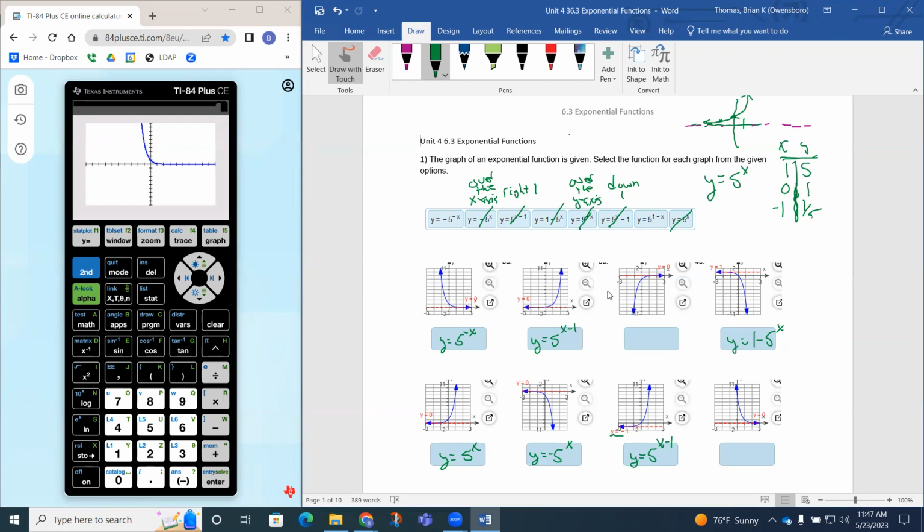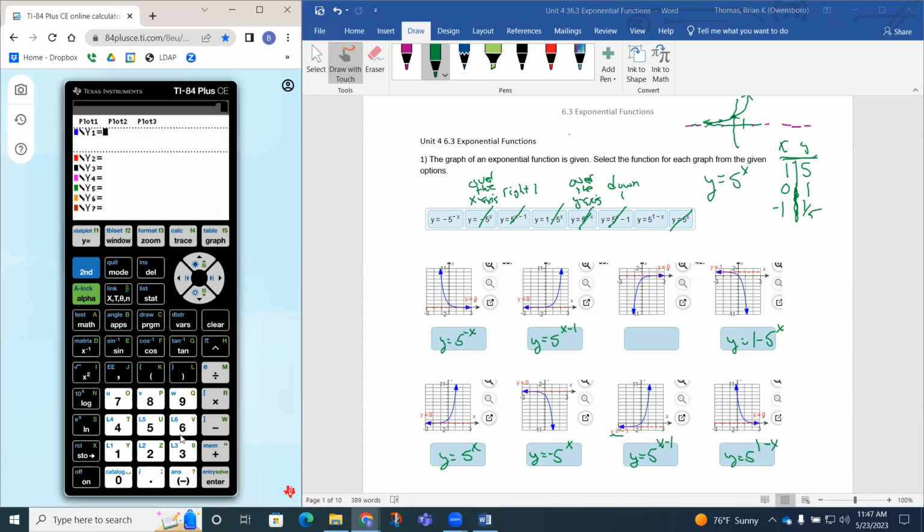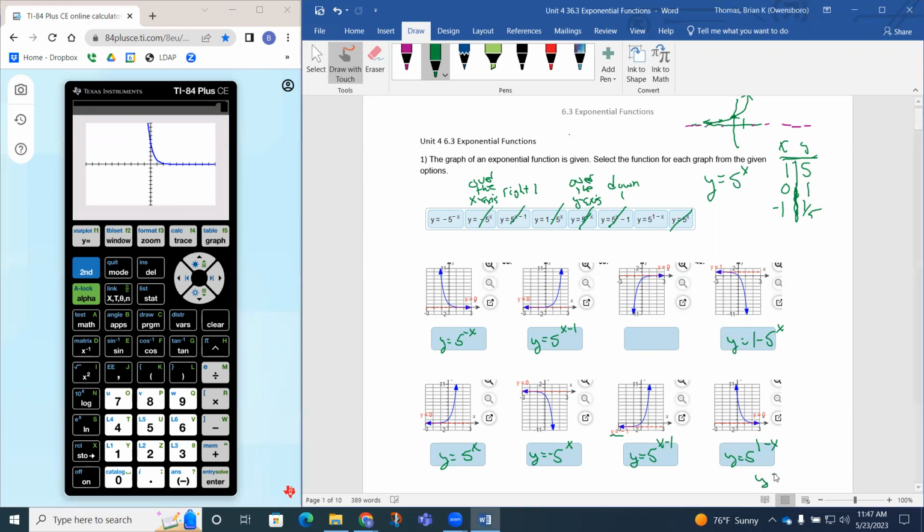So that's going to be this graph here, y equals 5 to the 1 minus x. If I double check myself there, y equals 5 to the 1 minus x, if I graph that, notice how it does slide to the right. So the catch with that one is you should have like y equals, there should be this negative on the outside.